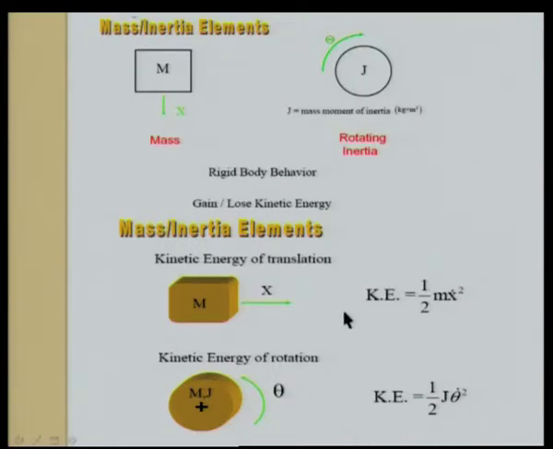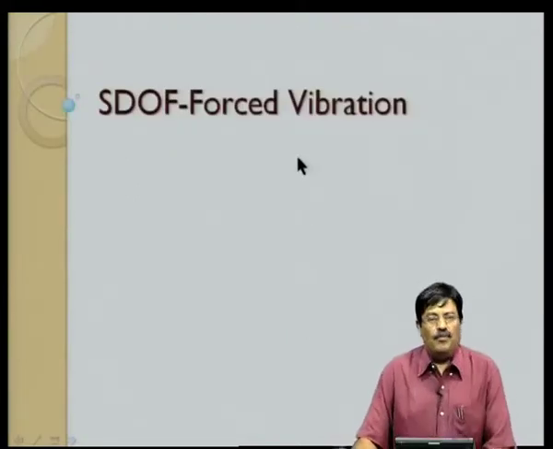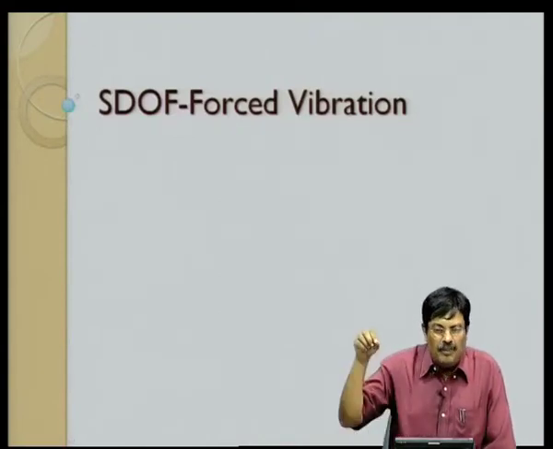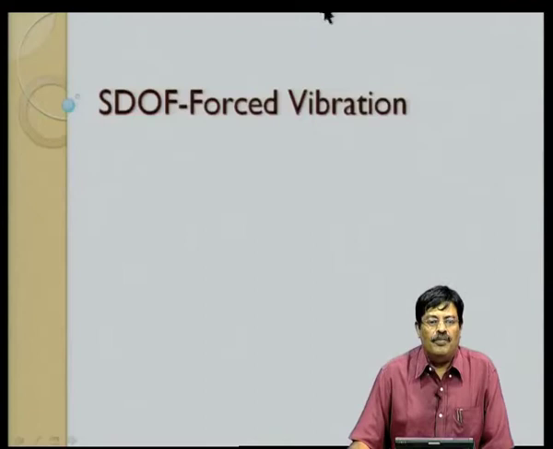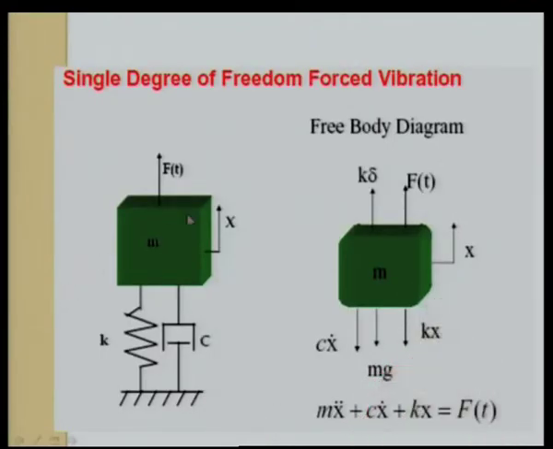Let us come back to the single degree of freedom forced vibration now, because that is where it is very critical, because there will be forcing in many of the systems we are trying to design. So, this is basically the same spring mass damper system, a single degree of freedom system.